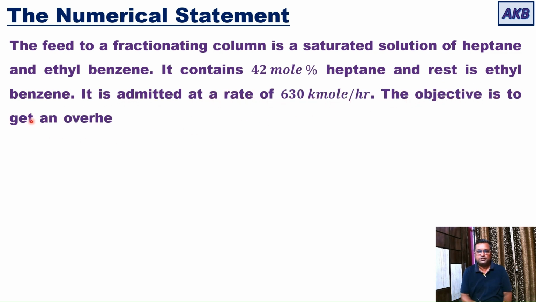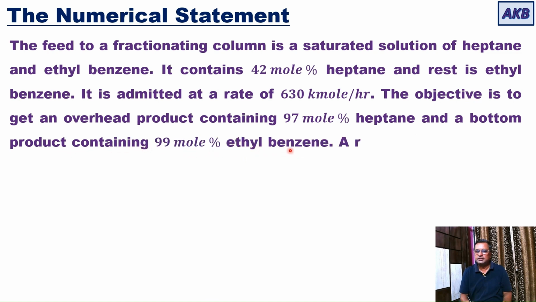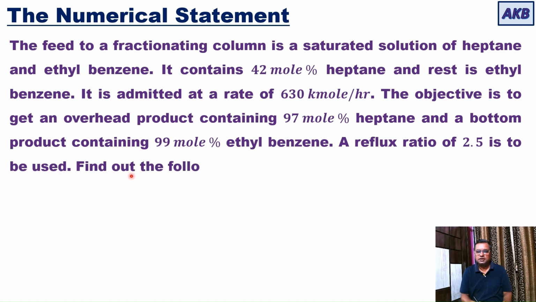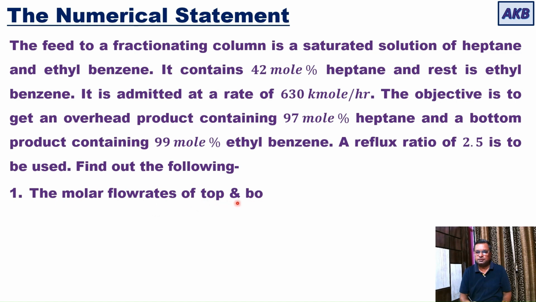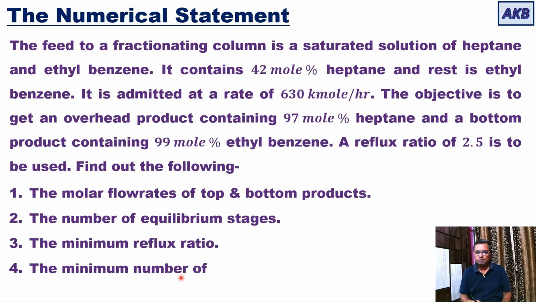The objective is to get an overhead product containing 97 mole percent heptane and a bottom product containing 99 mole percent ethyl benzene. A reflux ratio of 2.5 is to be used. Find out the following: the molar flow rates of top and bottom products, the number of equilibrium stages, the minimum reflux ratio, and the minimum number of stages.